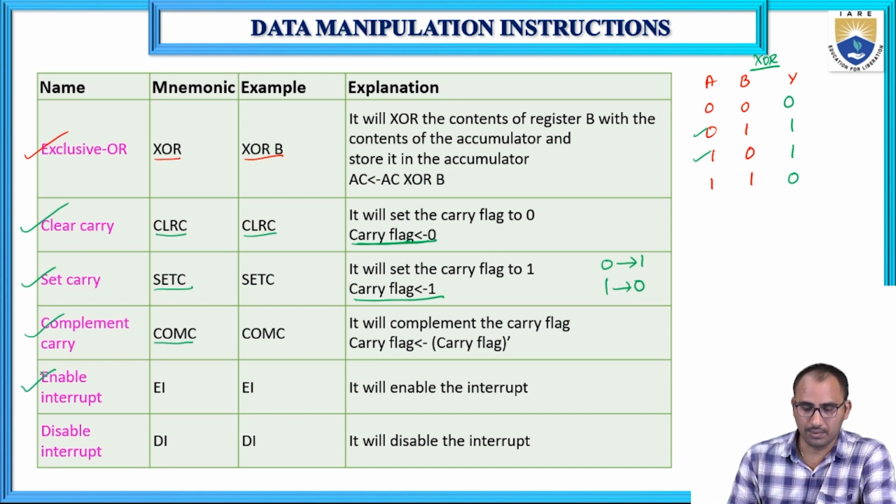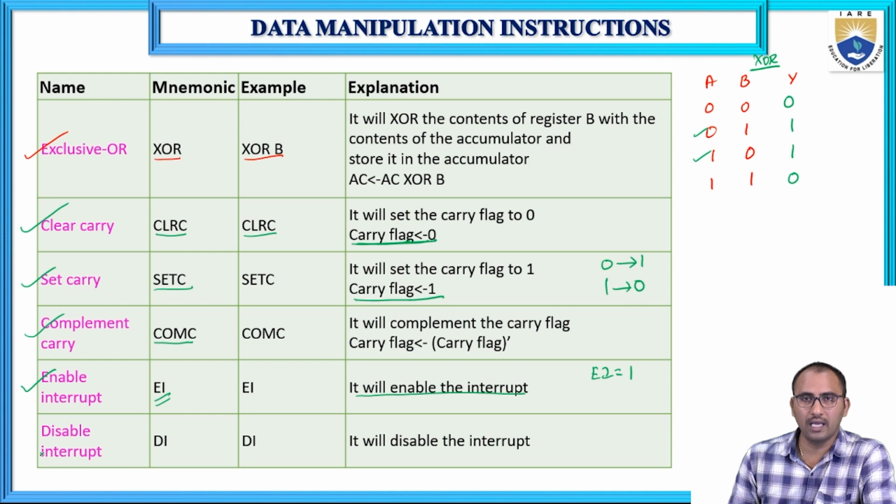Next, enable interrupt. The mnemonic is EI. It will enable the interrupt. Whether the processor should allow the interrupts or not depends upon this enable interrupt. If EI is equal to 1, that means the interrupts are enabled.